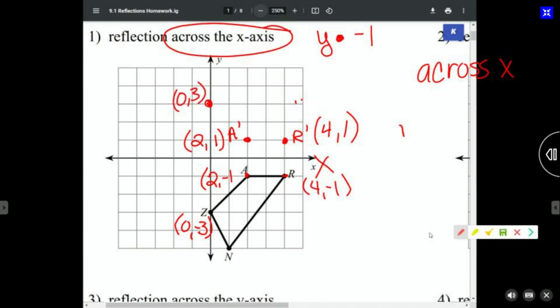Across the x-axis, y times negative 1. Across x, change y. Change your sign on y. And so my N prime is 1, positive 5.